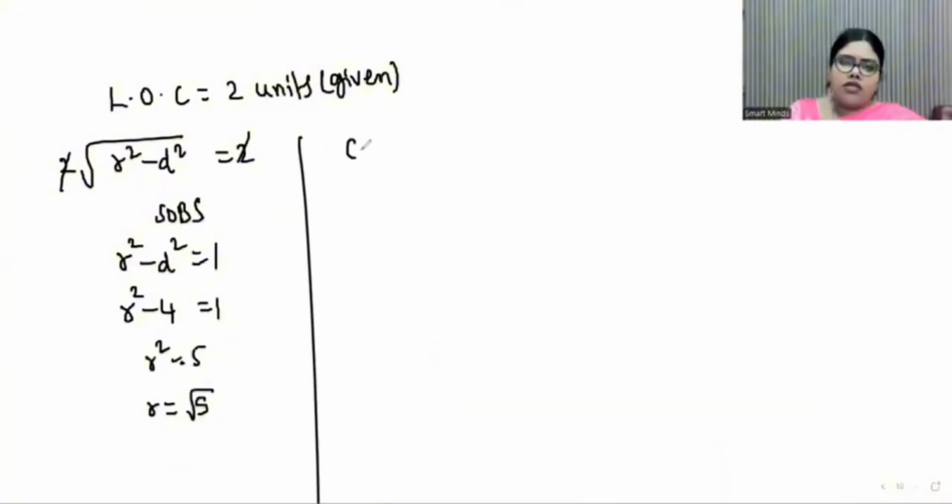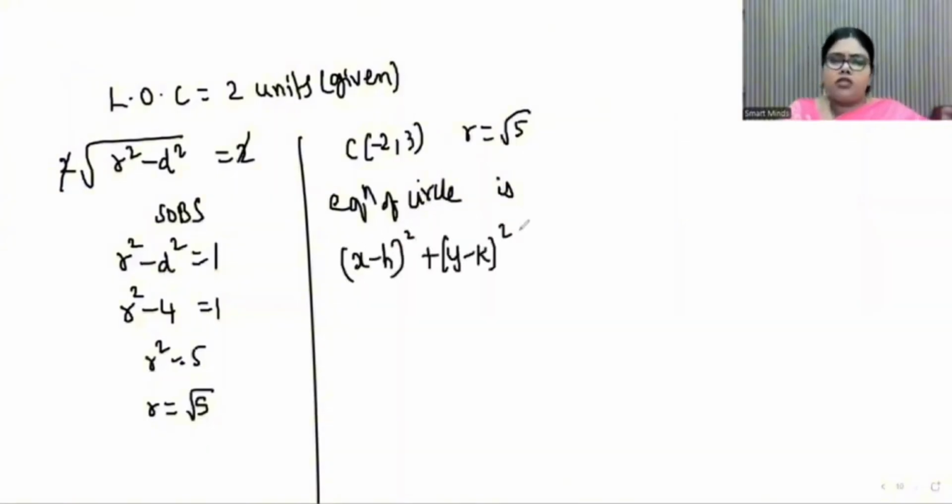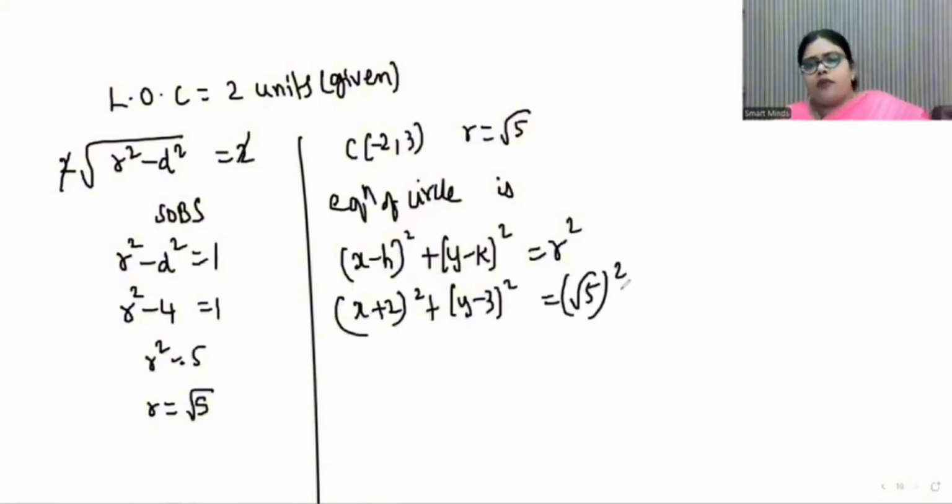Okay. Now center is minus 2, 3. Radius is root 5. What is equation of circle when center and radius is given? The formula is x minus h whole square plus y minus k whole square is equal to r square. So x plus 2 whole square plus y minus 3 whole square is equal to root 5 square.